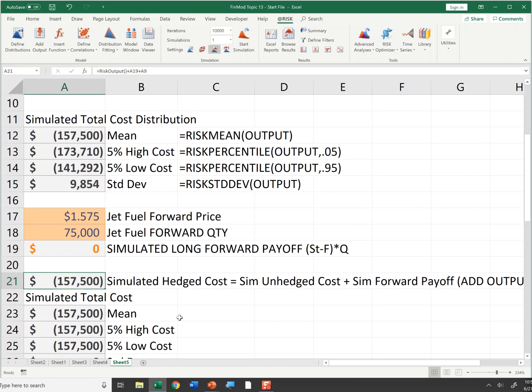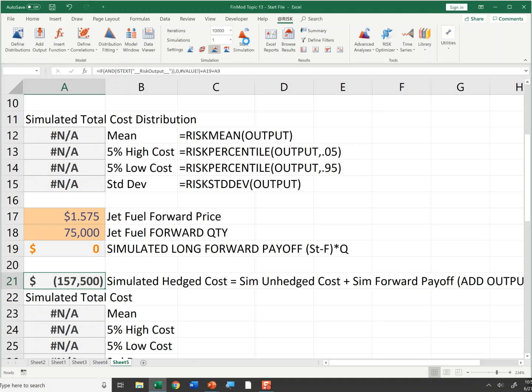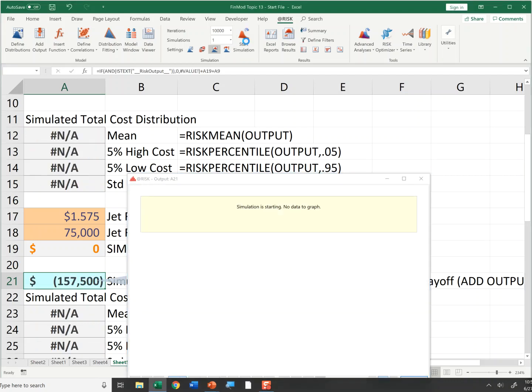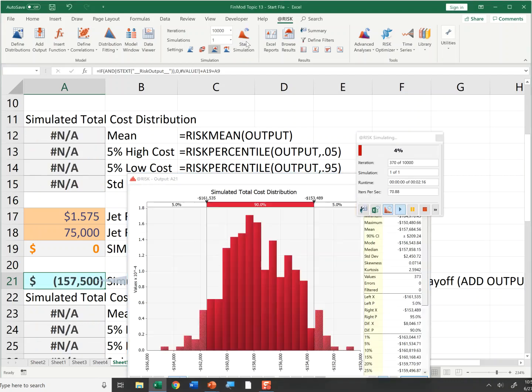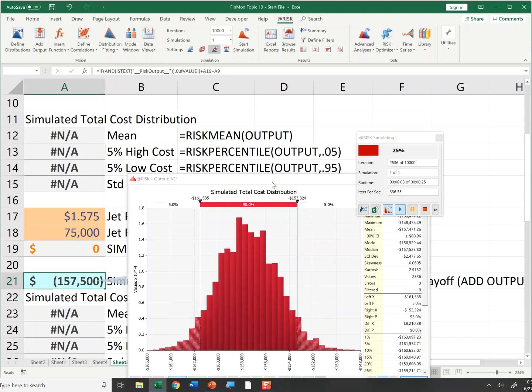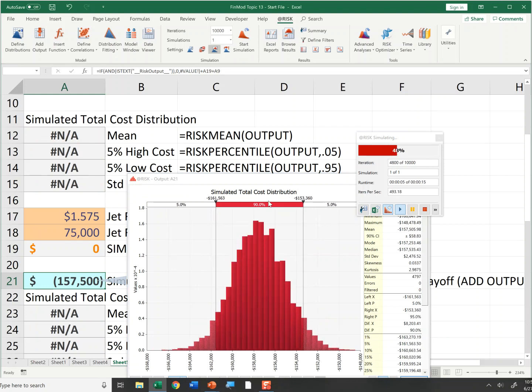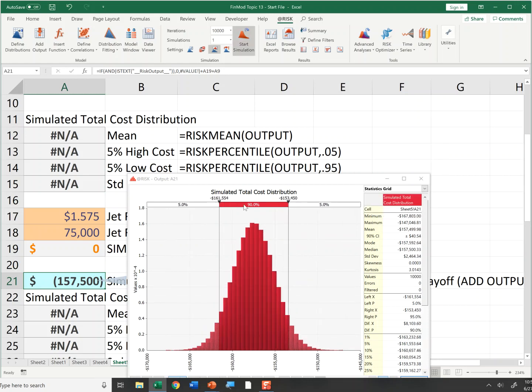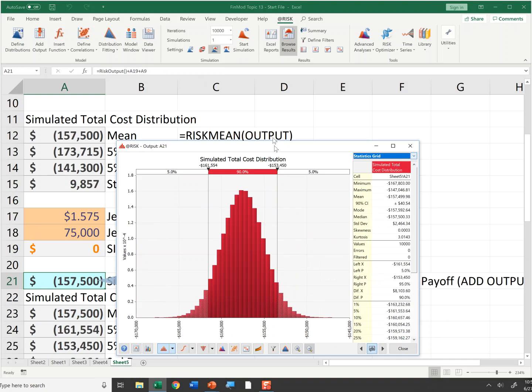Now, when I run this simulation, the quantity is based on only a forward contract of 75,000, but they're still expected to buy 100,000. So now when I run that simulation, this is the hedged simulated distribution of profits, assuming a coverage ratio of 75%. And you see now their 90% confidence interval is between about 161 and 154.